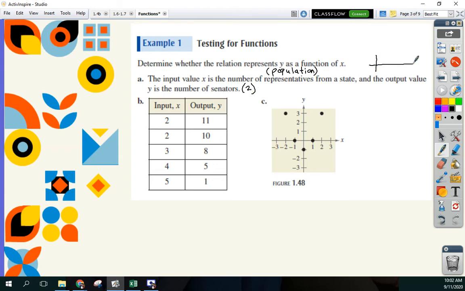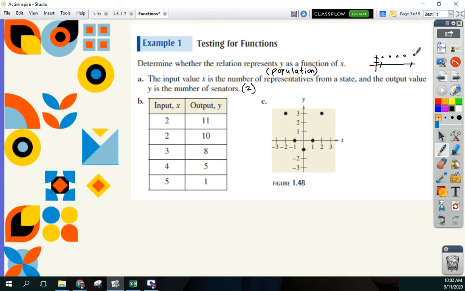So if we were to graph this, notice that my x values are going to be all positive, which means it's going to be on the right side of my graph. And they're going to go from 1 all the way up to whatever the largest one is, like 100 or 200. I'm not sure. But all of my outputs or my y values are going to be at 2.